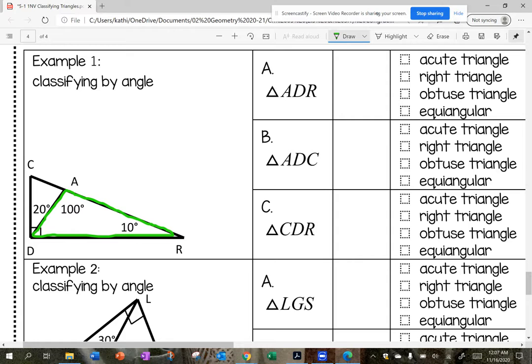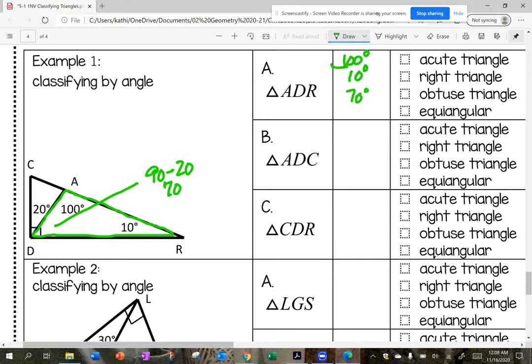So right now I know that I have an angle that's 100 degrees, an angle that's 10 degrees, and I know that all three angles in a triangle total 180. And I also know in this corner here, this is 90 degrees, so 90 minus 20, this angle gives me 70 degrees.